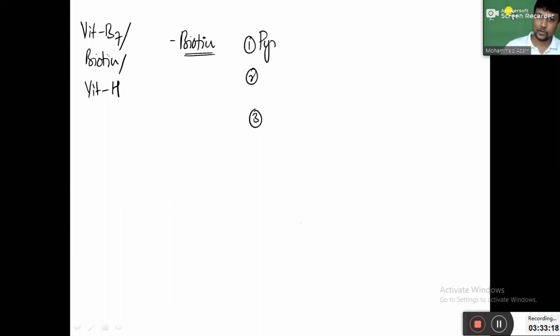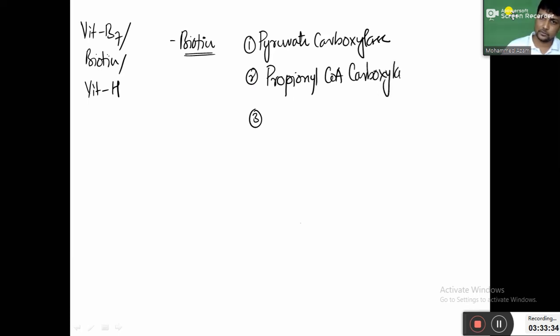Recall. Number one, pyruvate carboxylase, which we learned in the very first topic, day before yesterday. Number two, propionyl CoA carboxylase, which we learned in the second topic, protein metabolism, today before the break.